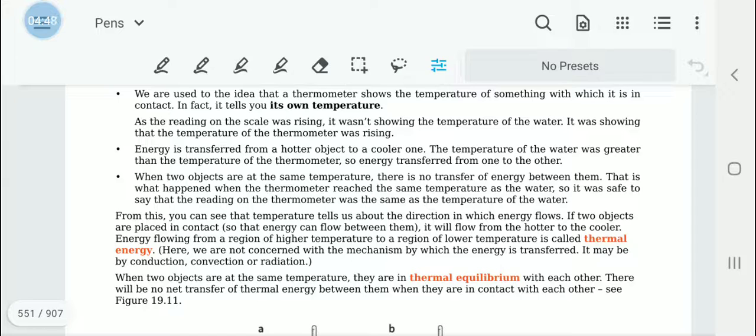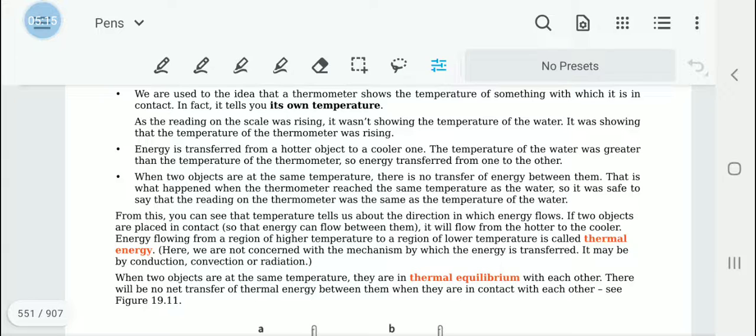If the two objects are at the same level, if they have the same energy content, then it would not flow. It would give the same reading, right? So then the energy that is flowing from a region of higher temperature to a region of lower temperature is called thermal energy, right?